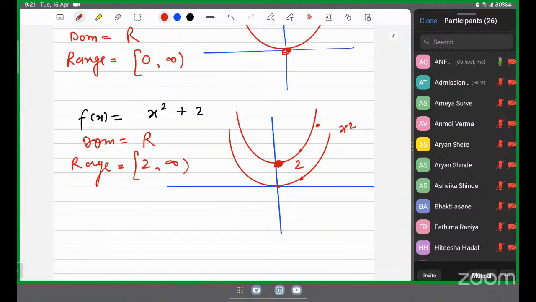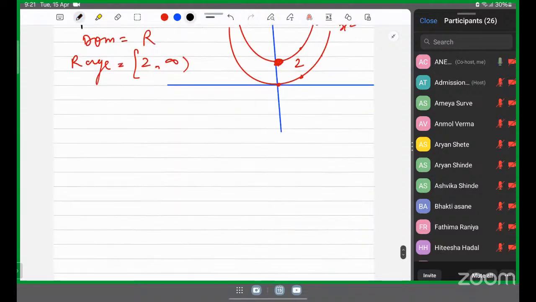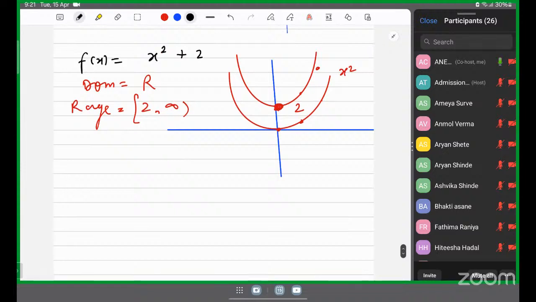If you put x equals 0, it will attain 2. Understood? Which implies that for any quadratic function in this format, the domain will always be R, real numbers, and the range will be the quantity added to x square, to infinity.